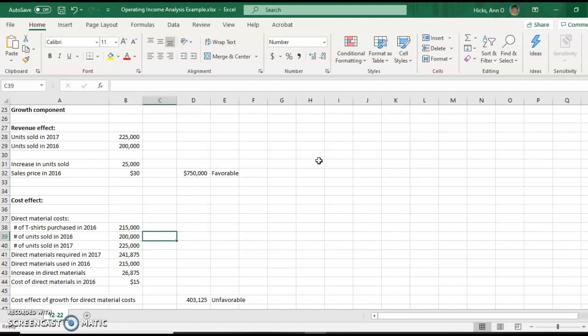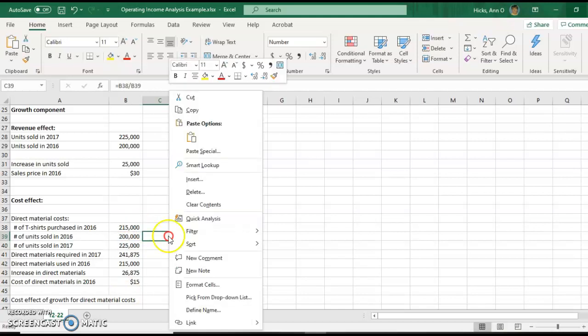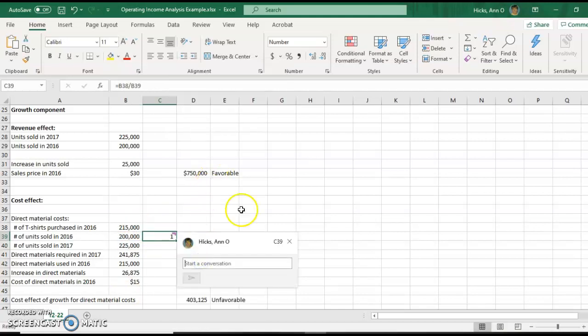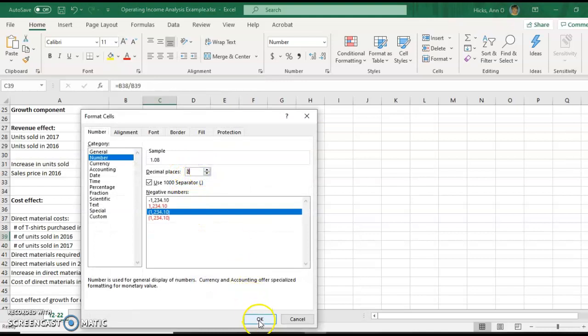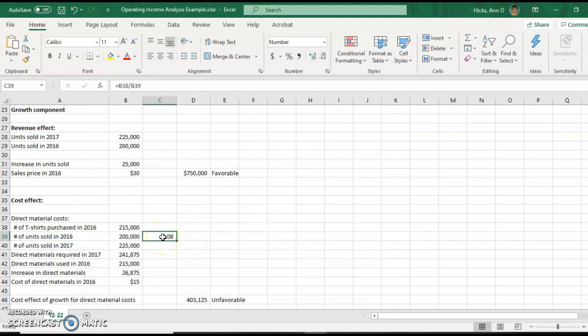That gives us basically a ratio of 1.08 t-shirts per t-shirt sold. So what we need to do is determine how that compares if we had sold the amount of units that we sold in 2017.